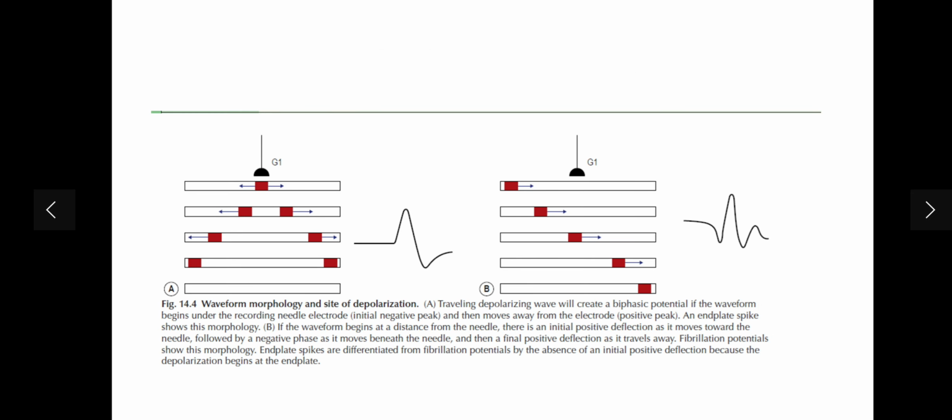Why do we get this end-plate spike? If you imagine the needle, and the needle is recording spontaneous activity that's originating from somewhere away from the needle.